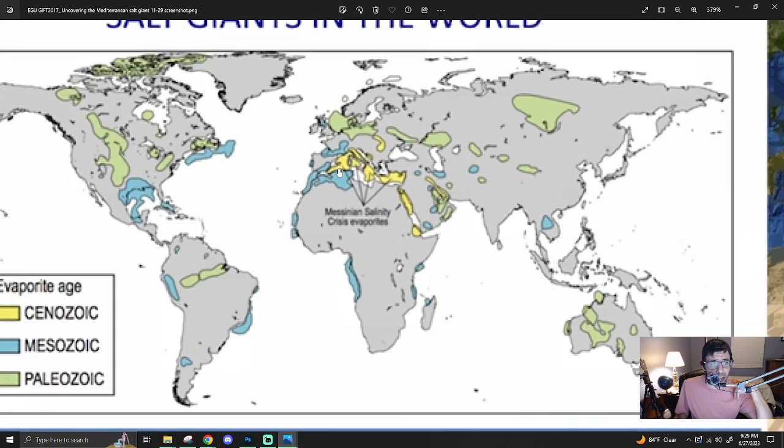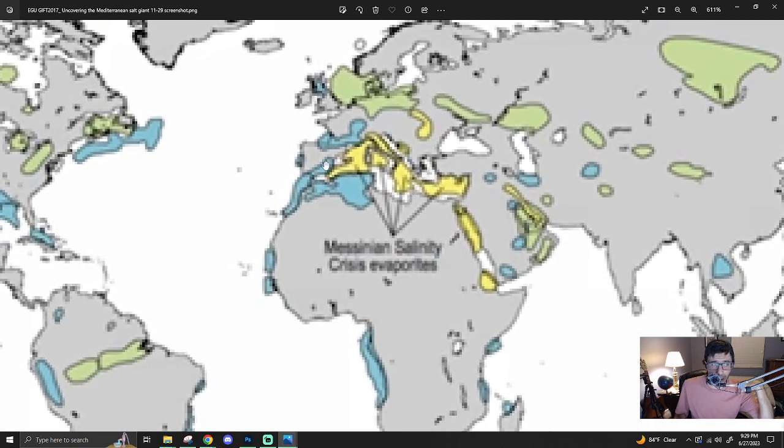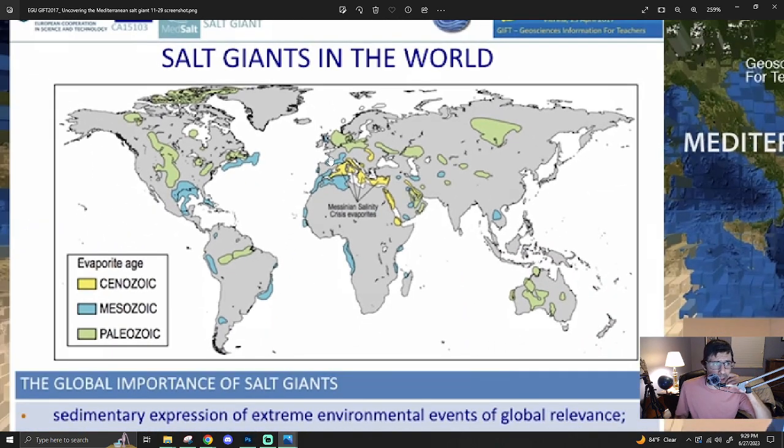It's kind of odd that it opened up last on the western side, the basins, but it deposited the salt first on the western side. I find that pretty odd.